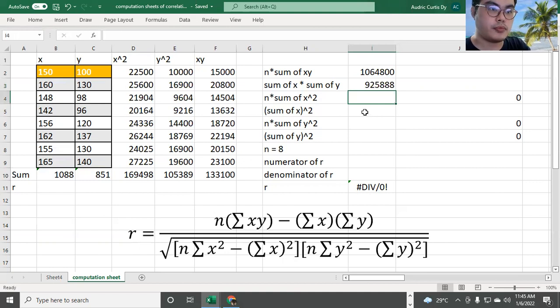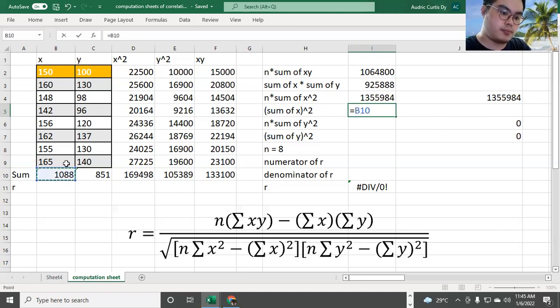To get the n times sum of x squared, you need to type 8 times the summation of x squared, so it is here. To get the square of sum of x, we need to click the sum of x, then press hat, then 2.